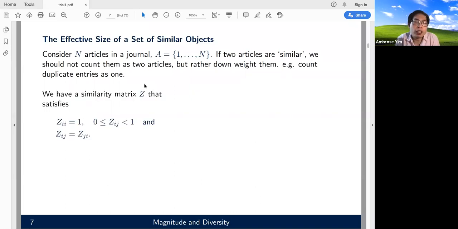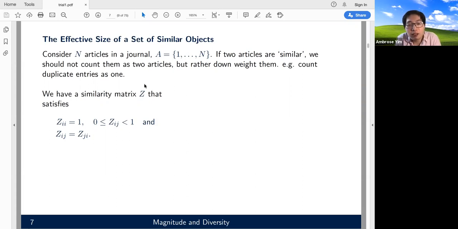And we assume we're given a measure of similarity between objects, between these articles. And let's say we normalize the data so that each article has similarity 1 to itself, so it can only be maximally 1.